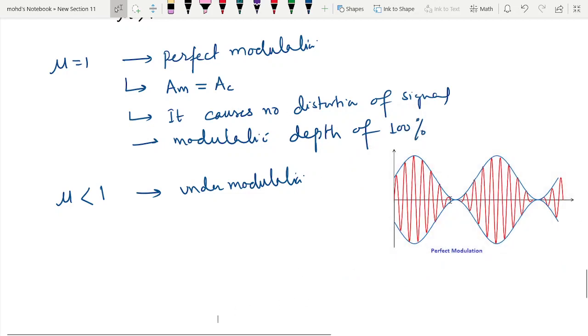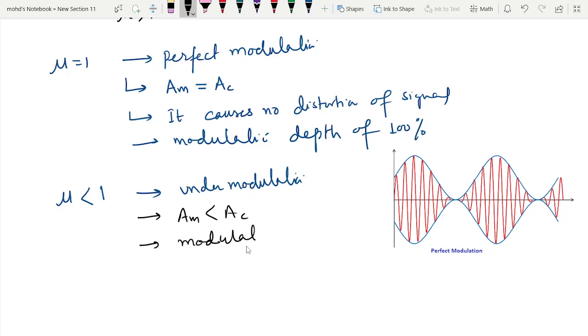In perfect modulation, the minimum value is equal to 0. Now in the case of under modulation, it occurs when Am is less than Ac, and the modulation depth is less than 100%.